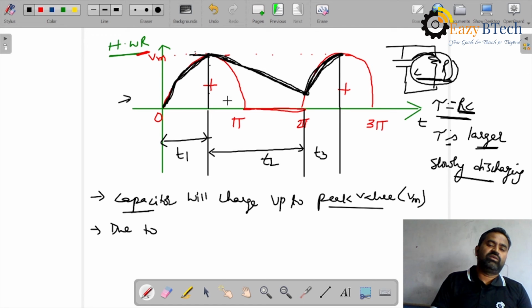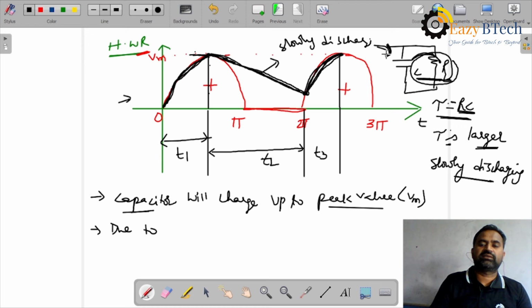It is a slow discharging path due to the time constant.